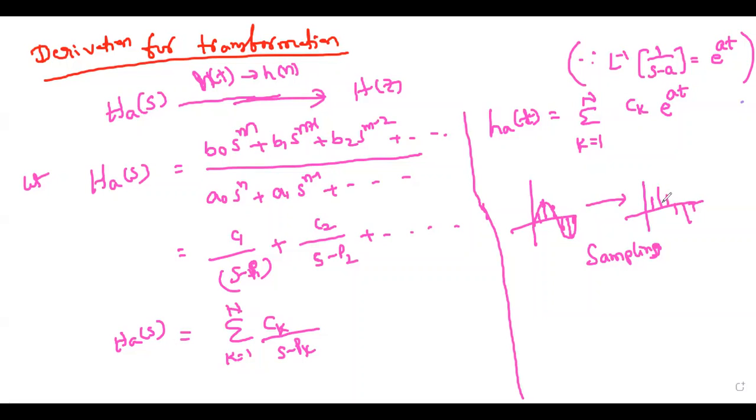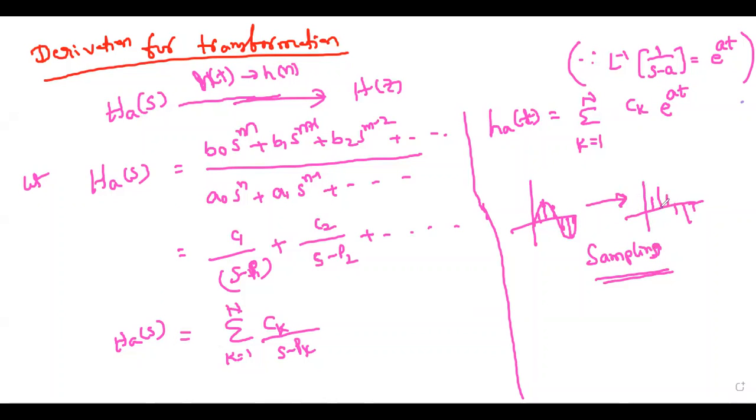In the starting of the class, in the introduction class, I told this. So remember, this is a very important point. How do you get an analog signal into discrete? By using sampling.